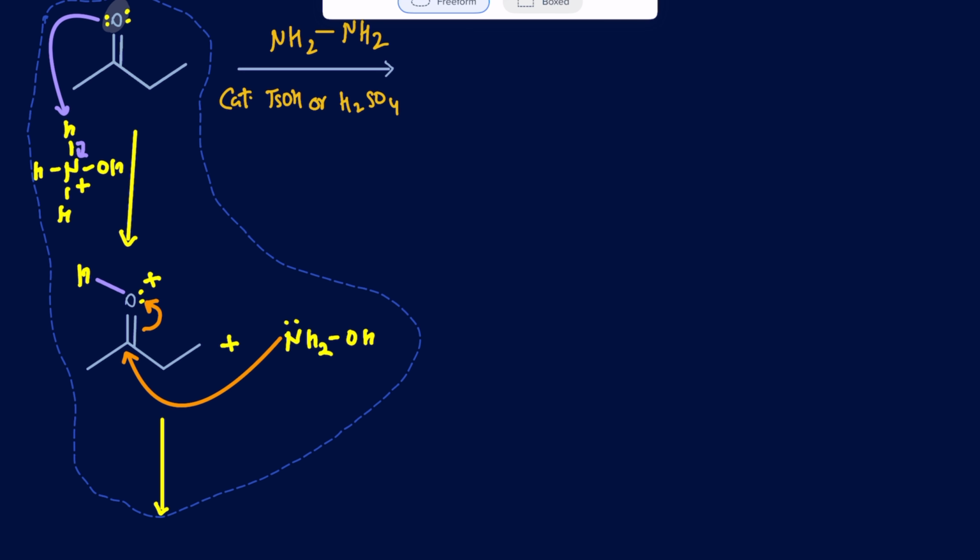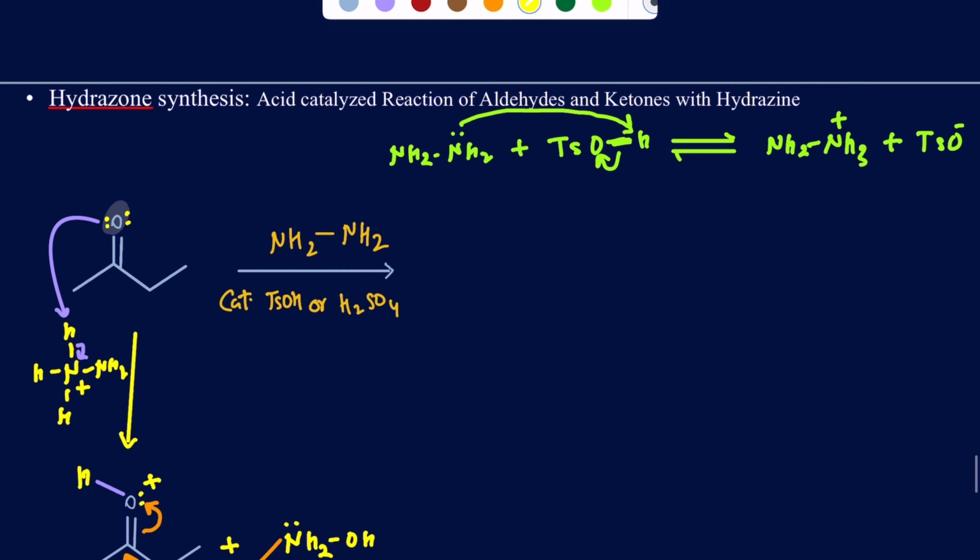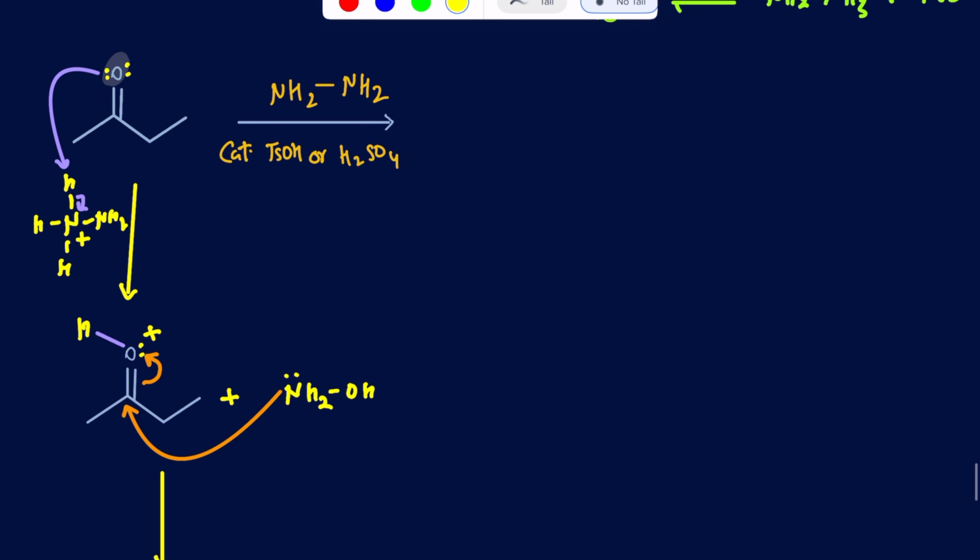Instead of an OH2 here, I'm going to have just NH2 here, because remember, that's what we made here, NH2, NH3 plus there. Then we run the protonation, and I would change those as we move along.